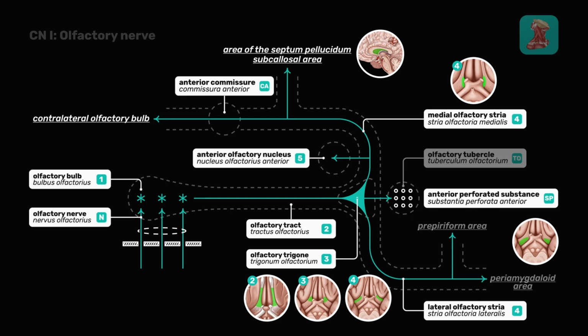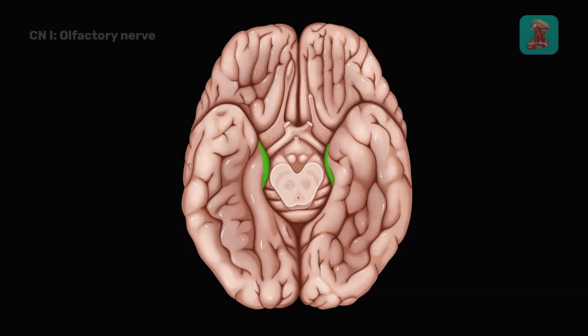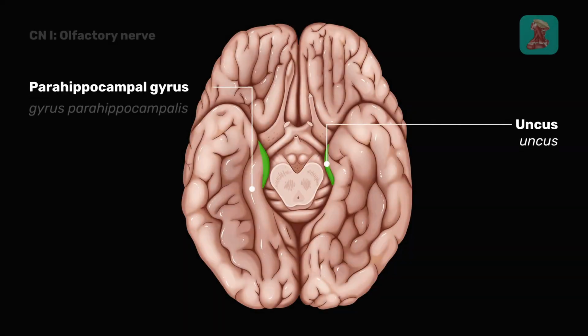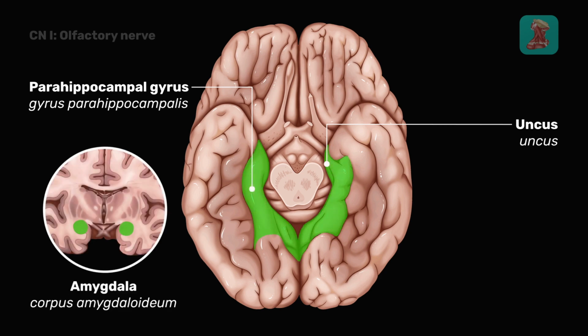It consists of two areas, namely the prepiriform and periamygdaloid areas. The prepiriform area is located within the uncus of the parahippocampal gyrus, and the periamygdaloid area, as the name suggests, surrounds the amygdala. The third-order neurons of the olfactory pathway are located in the cortex.